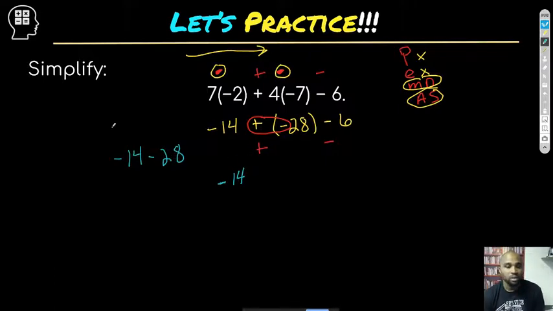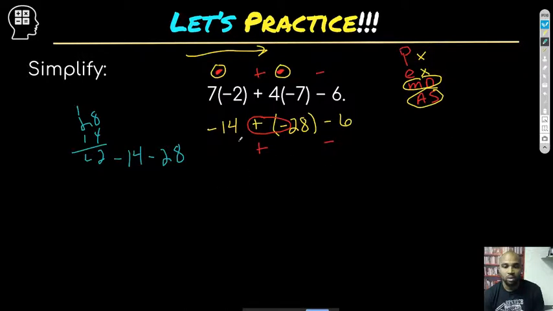So what is 28 plus 14? And it's going to give me a negative answer because I know that it's just going more negative. 8 plus 4 is 12. 2, 3, 4. So that's 42. So this is going to be minus. Let me just erase this 14.